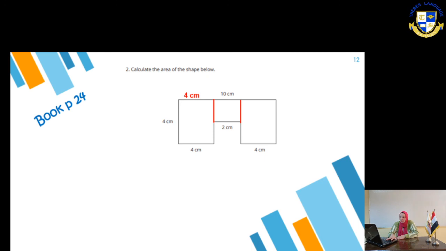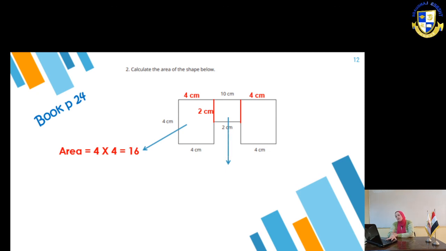Okay, now to find the area of the first figure, it will be 4 times 4 equals 16. And the second square will be 2 times 2 equals 4. And the third square will be 4 times 4 equals 16. Now add all the areas together, 16 plus 4 plus 16. So it will be 36 square units.